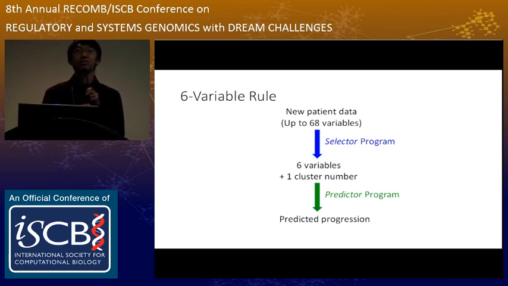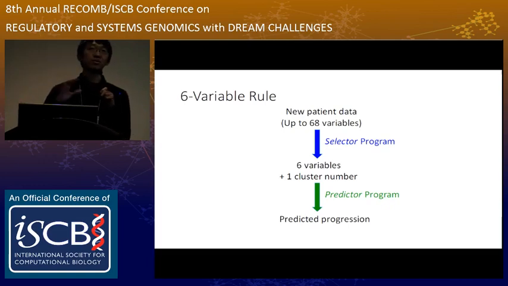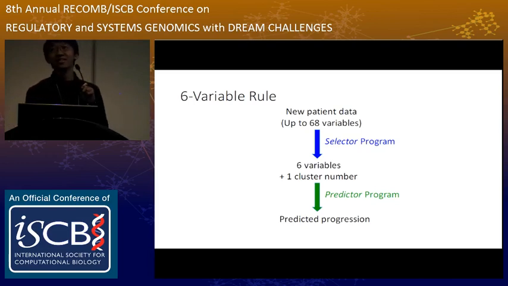Here I would like to make a distinction between 2 concepts I will be using throughout this talk. When I say variables, I mean the variables provided in the original data sets. And when I say features, I mean those features encoded from those variables that I feed into my machine learning algorithm. Okay, let's first make this clear.